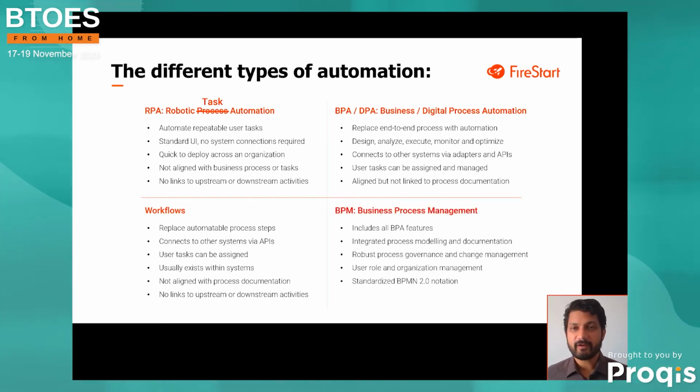The idea of business process management is doing the documentation and the automation in one element, in one platform, in one group. So you're building this end-to-end business process automation, but you're doing it using things like BPMN 2.0 notation, using proper process metadata in your process diagrams, so that you also have something that somebody can read.